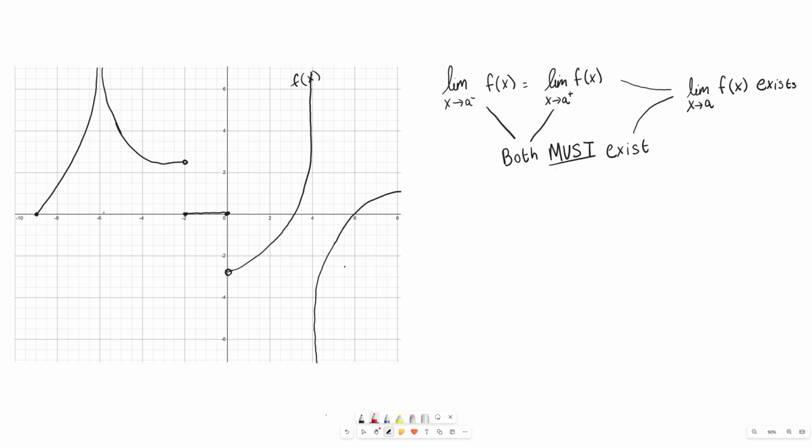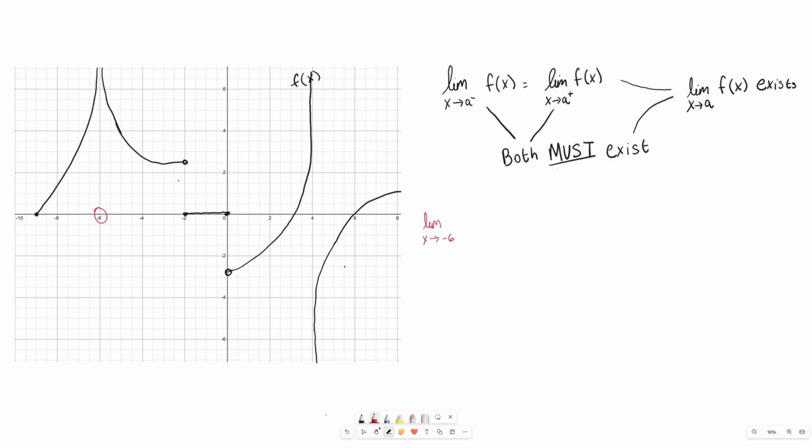So, let's look at the limit as x approaches -6. To identify if a limit exists, we must look at these rules. The limit from the left and the limit from the right to -6 must exist, and they must be equal. So, in other words, we go here and we write as x approaches -6.